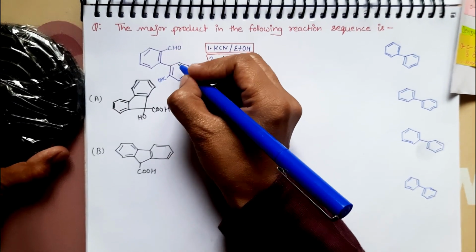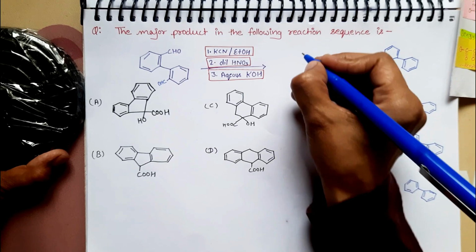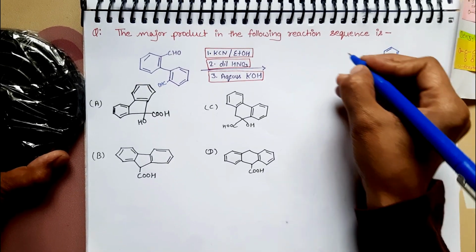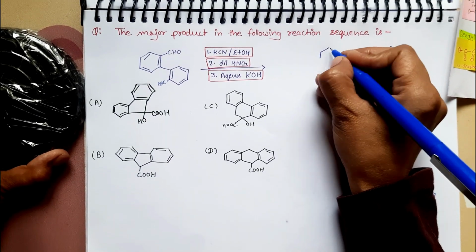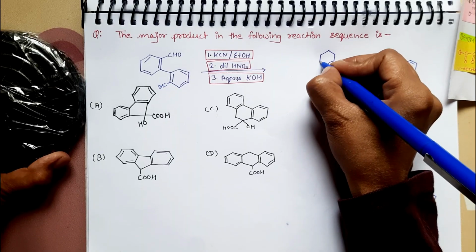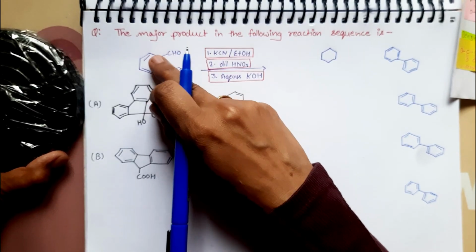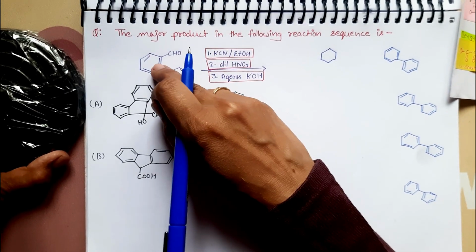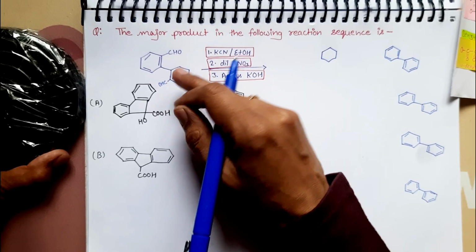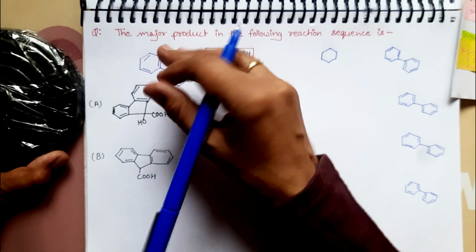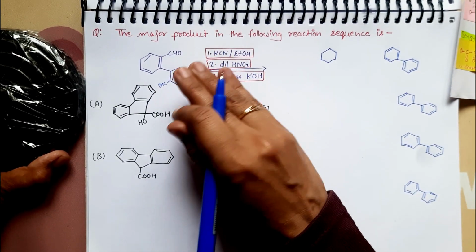First we draw this molecule like this. Because the two benzaldehyde units are attached with one sigma bond, this sigma bond will rotate easily.